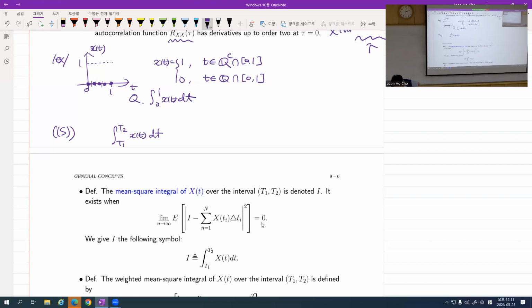Here we have T0 equals 0, T1, T2, dot, dot, dot, T sub n equals 1. Let me see, not this one. This is not good. Okay, let me put some script like this.